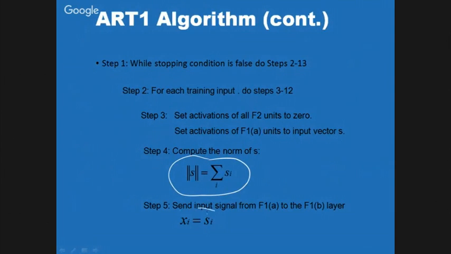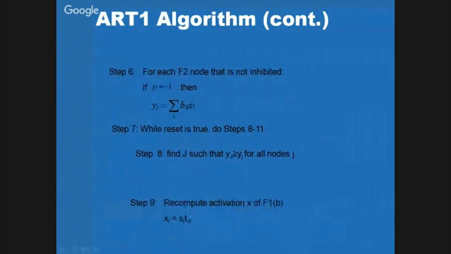And send the input signal into F1A to F1B, that is Xi will be same as your Si, and after that you have to calculate Yj equal to Bij into Xi.